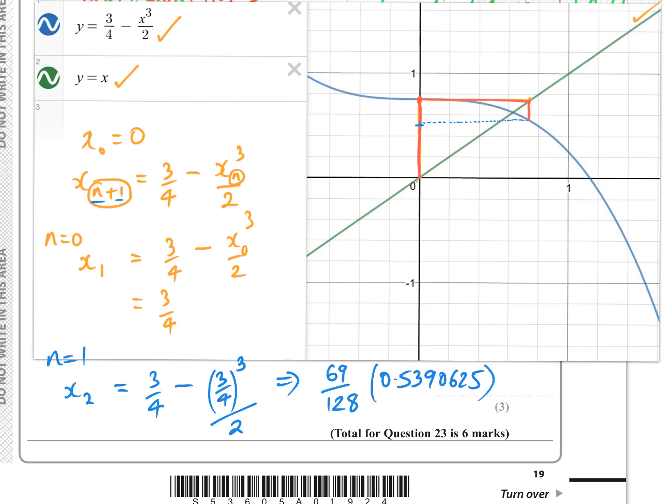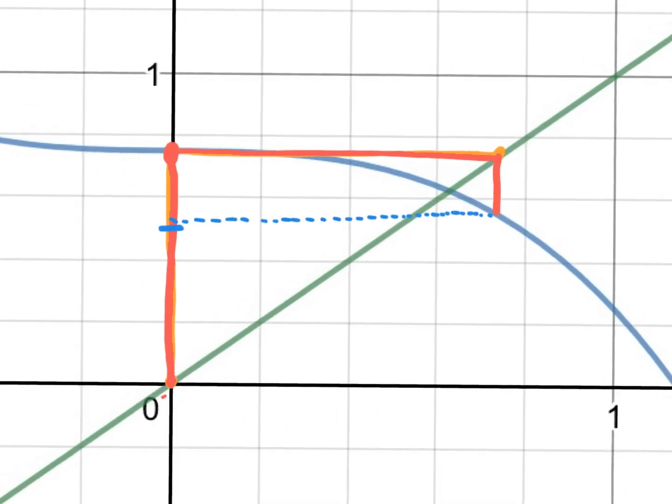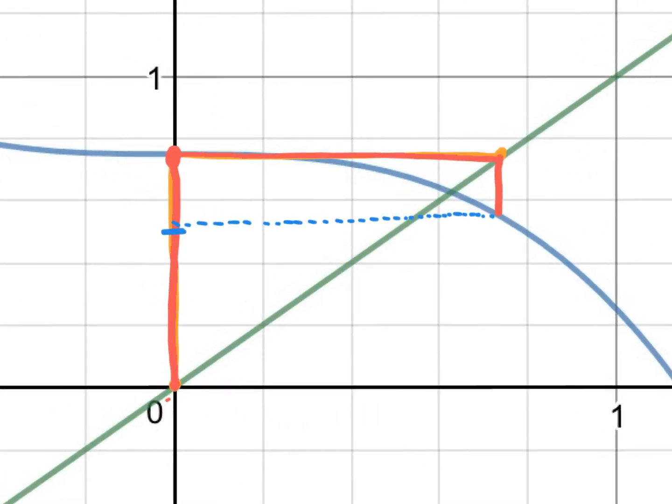And so what happens is, and I'll zoom this in a little bit, when you're looking here and you've got your value here, which corresponds to 0.54, this then reads along to the y equals x graph, and then you get your next value, which we can work out. That will then go up to the graph again, which will then read along to the x, and so on.